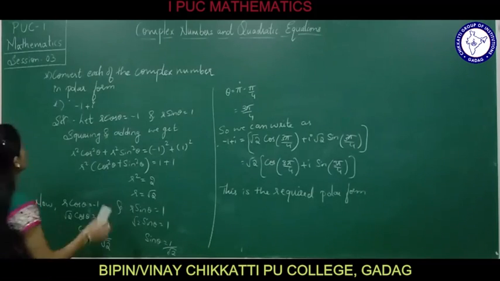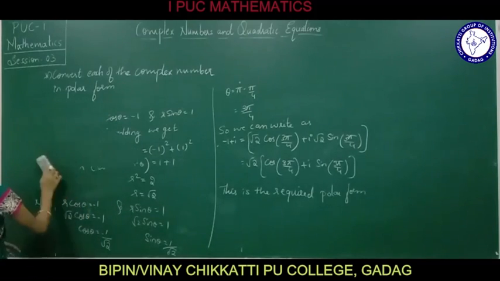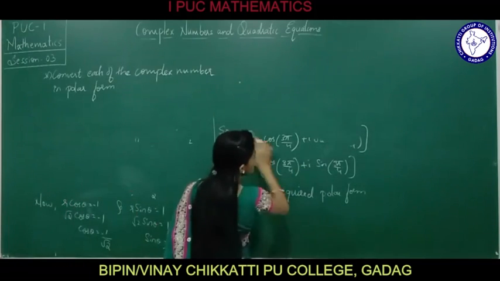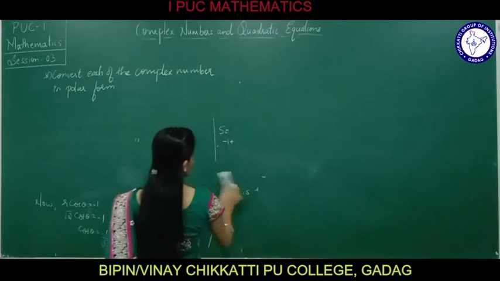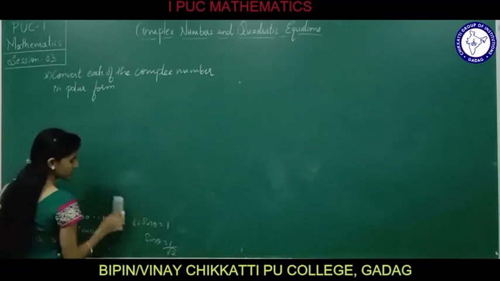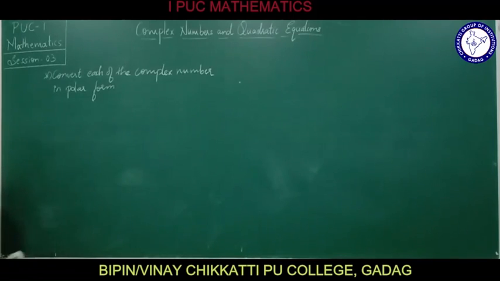Let us solve a few more problems of the same exercise. Almost all the problems are the same. We need to just follow the same methods, only they have given some different numbers, that's it. What is the next one?